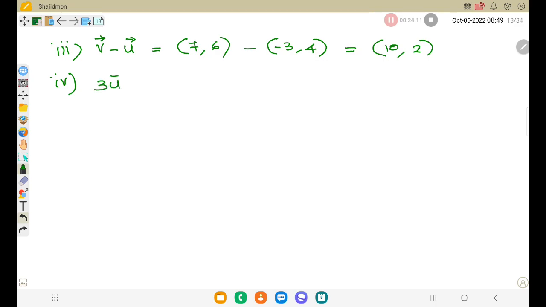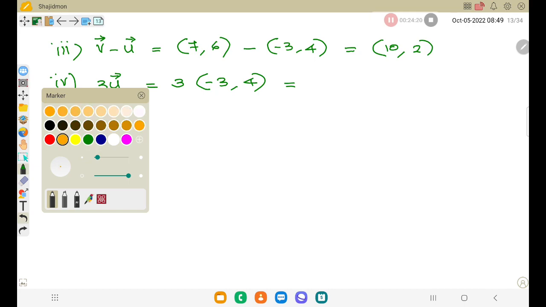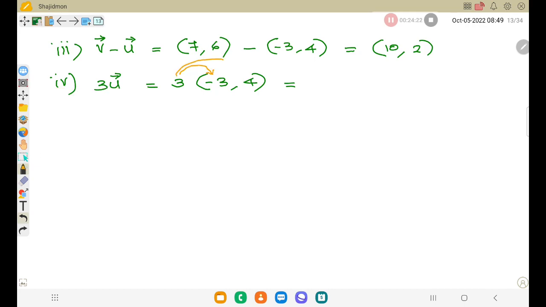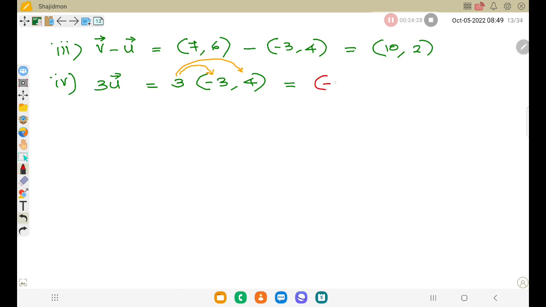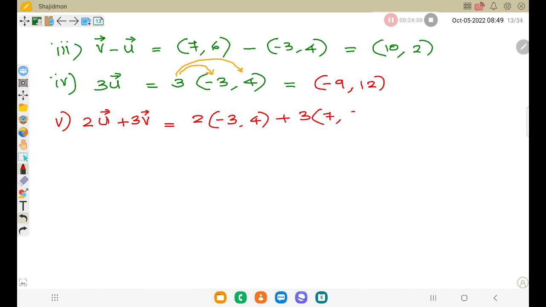3 times vector u, where vector u is minus 3 comma 4, correct? How do we multiply? Just multiply the first number and multiply the second number. So 3 times minus 3 means minus 9, 3 times 4 means 12. Now the fifth part of the question: 2 times vector u plus 3 times vector v, that means 2 times minus 3 comma 4 plus 3 times 7 comma 6.